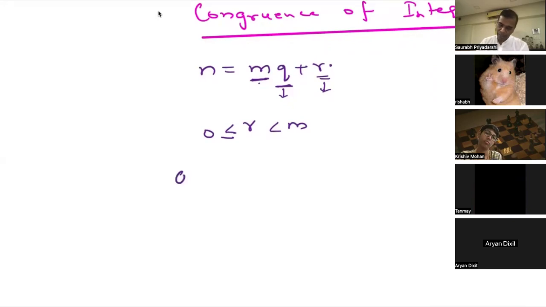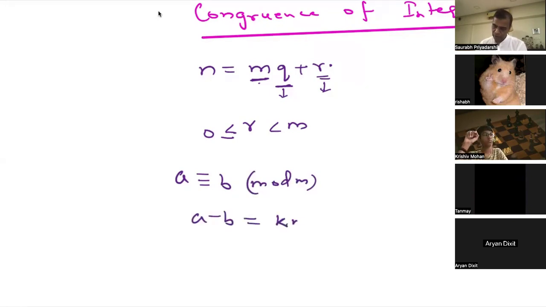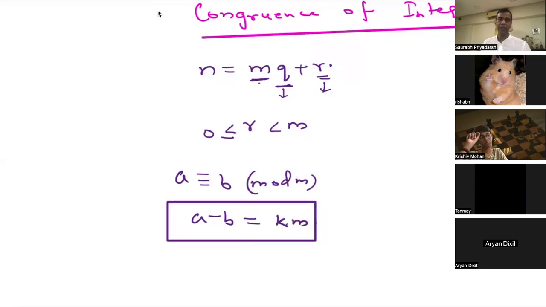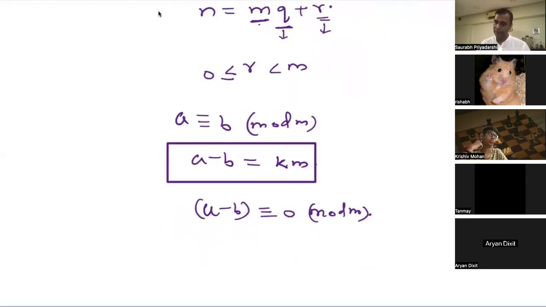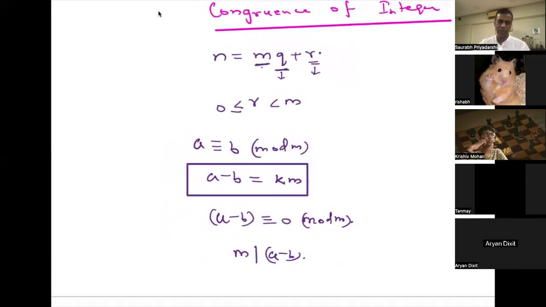So when I'm saying A is congruent to B mod M, what is the meaning of this? You all know this means A minus B equals some K into M. If I subtract A and B, the result will be some multiple K of M. Or I can say A minus B is congruent to 0 mod M, or I can say M divides A minus B. This is the language of congruence.